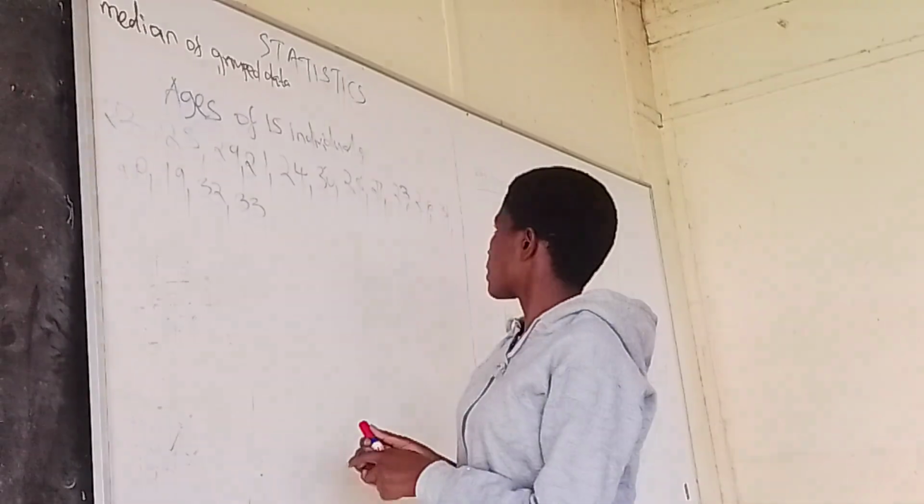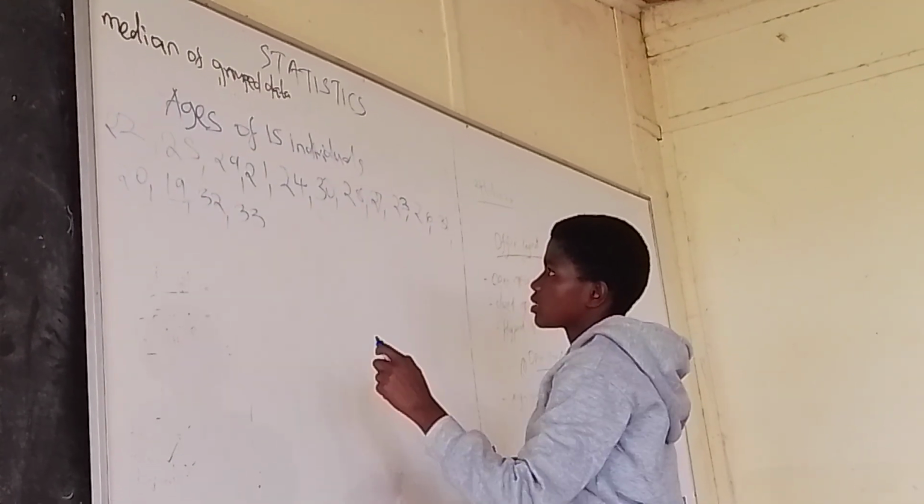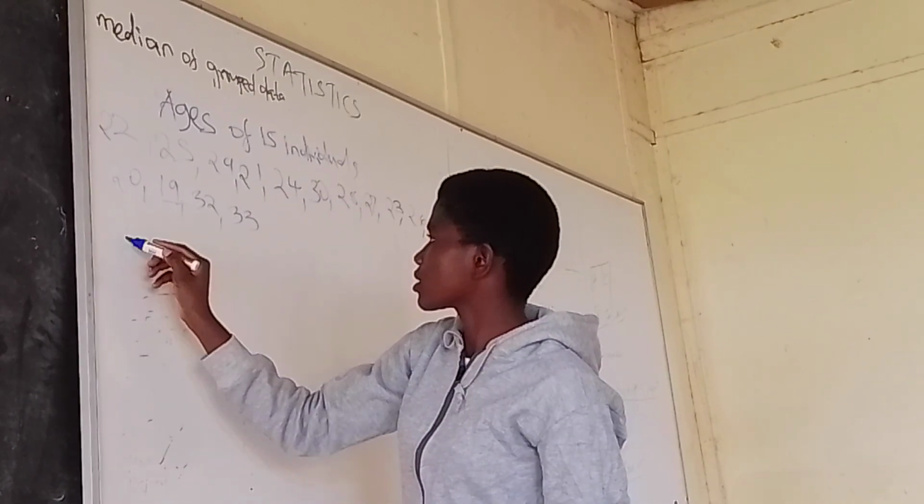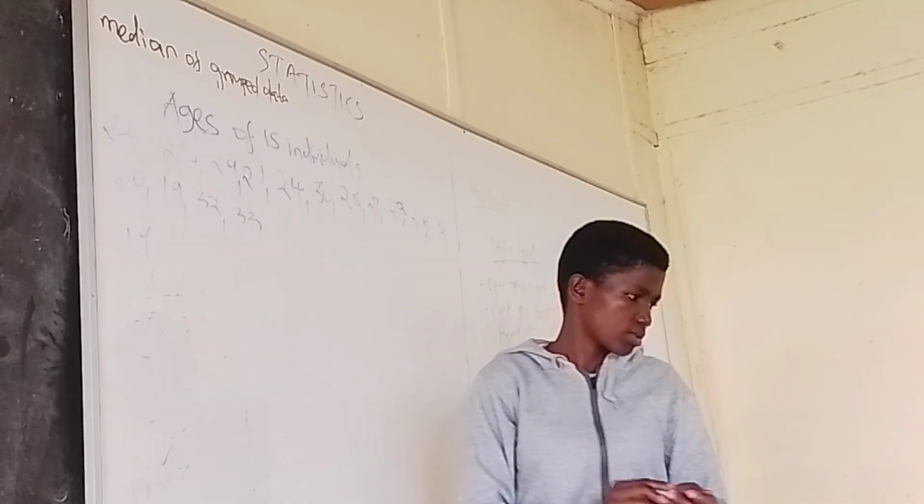In this case, the smallest is 19. So 19 is the smallest value.